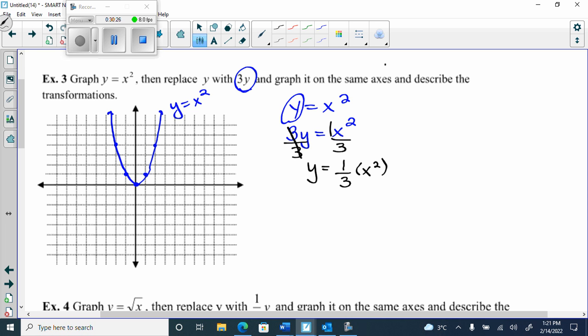So what is it actually? Vertical stretch by a factor of a third about the x-axis. But we're moving coordinates, so we want to use mapping. So xy becomes x, comma, 1/3 y. My x is still the same.